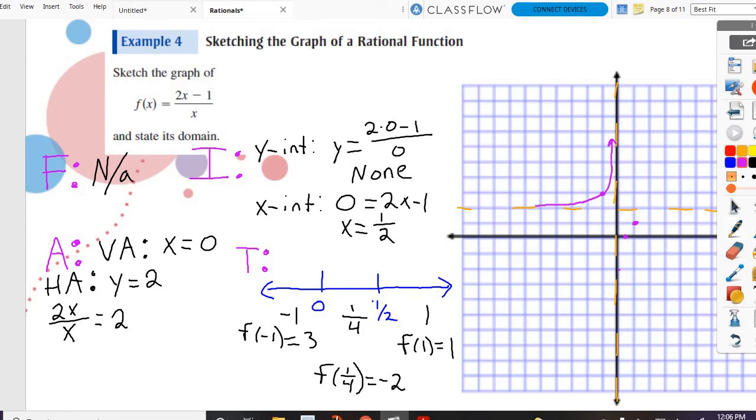And then as it goes to the left, it's going to have to get closer and closer to the horizontal line. And it's going to be really similar, bless you, for my other side. So that's what our graph would look like. Questions on that one?